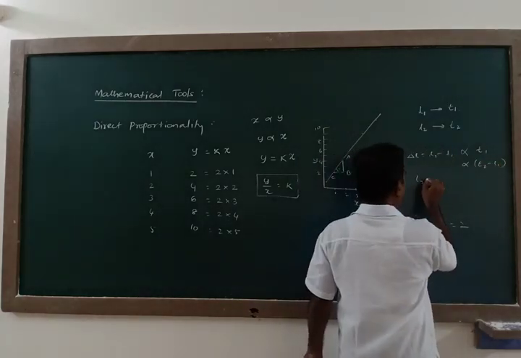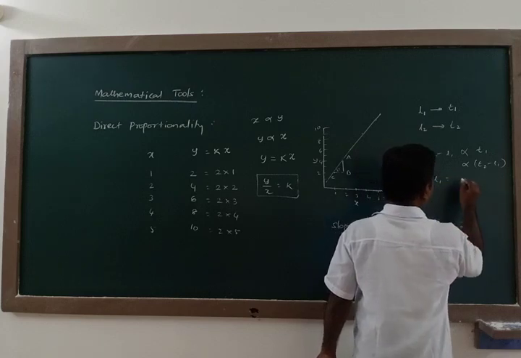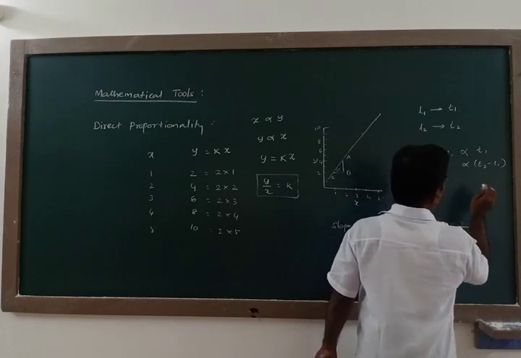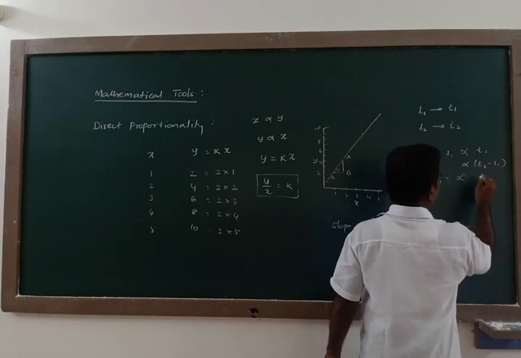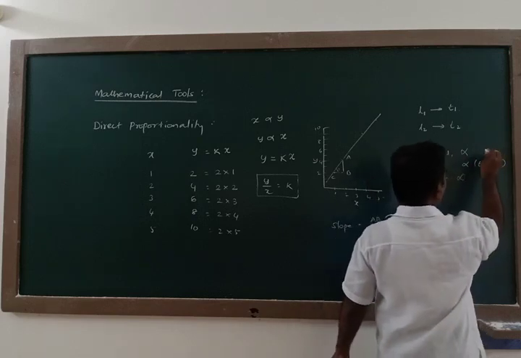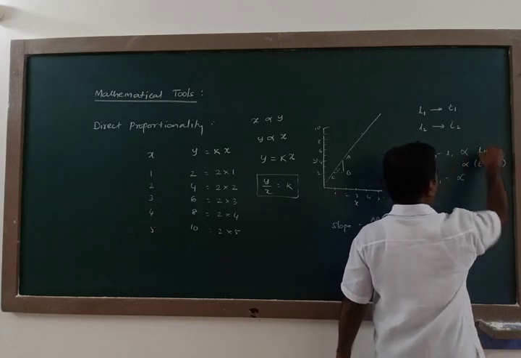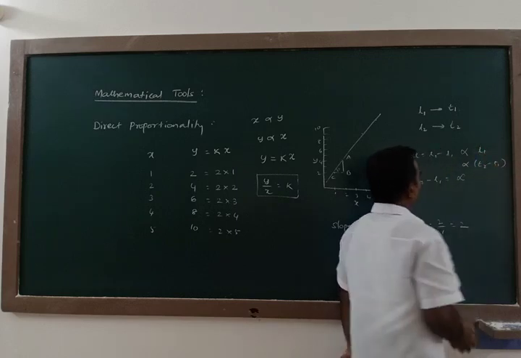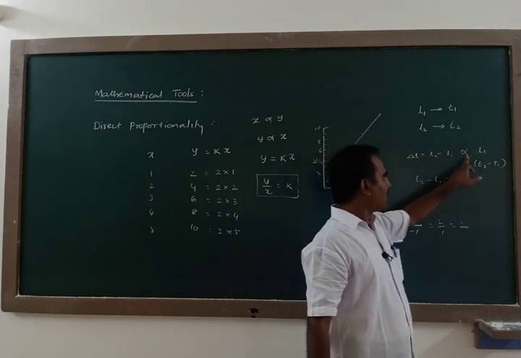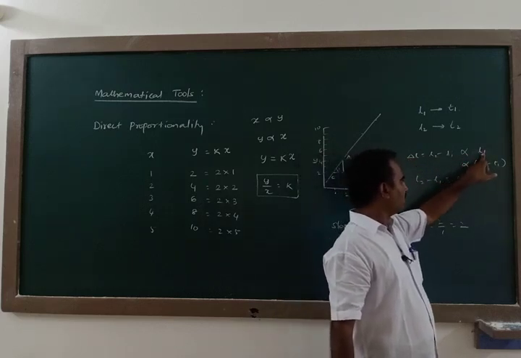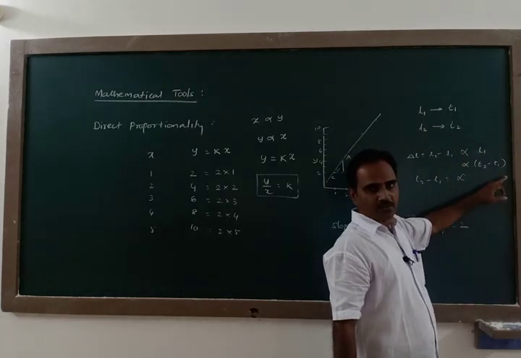So this L2 minus L1 can be written as some proportionality constant alpha, initial length L1, and T2 minus T1. See, the increase in length is directly proportional to initial length and the temperature difference.